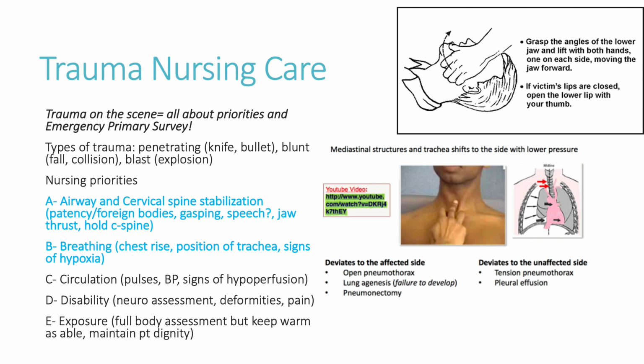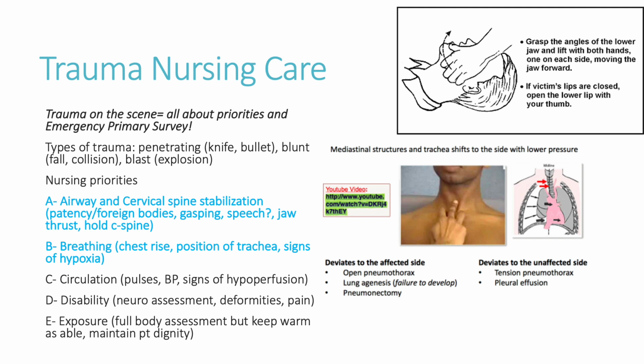In the case that the airway is compromised, the nurse would perform a jaw thrust. And notice this is different than what you may have heard in your CPR courses, for instance, that head tilt chin lift. Because you can see here, along with assessing airway, we're stabilizing their cervical spine. So we don't want to extend their neck with that head tilt chin lift.